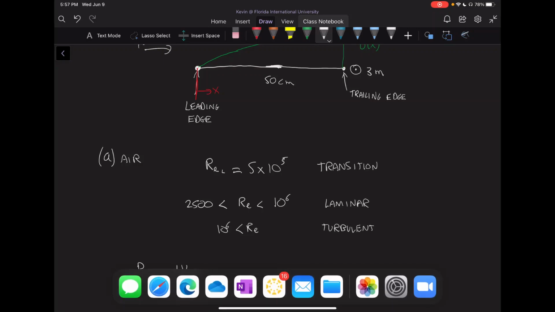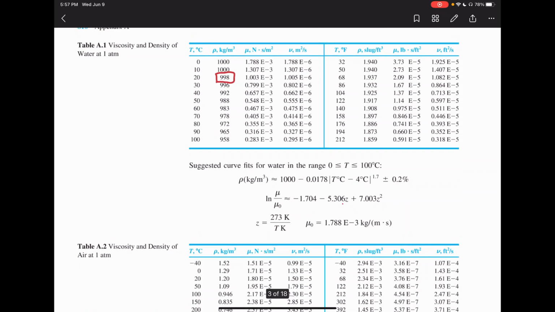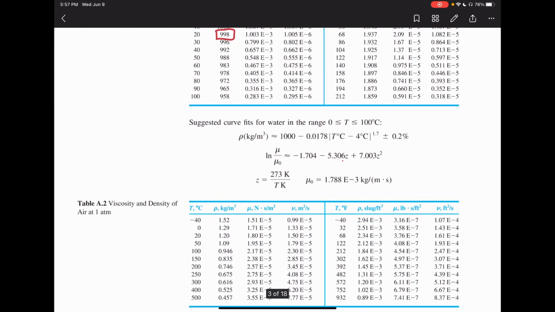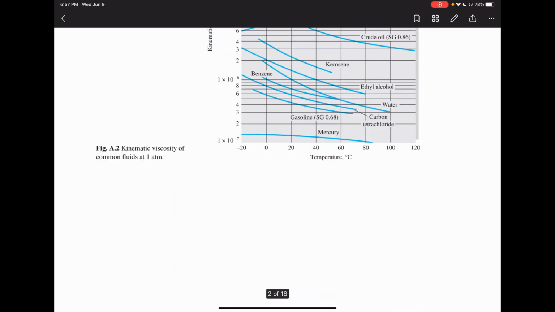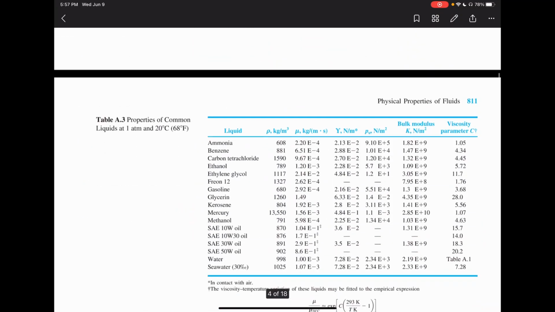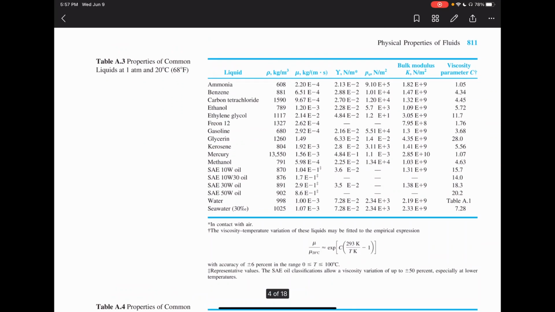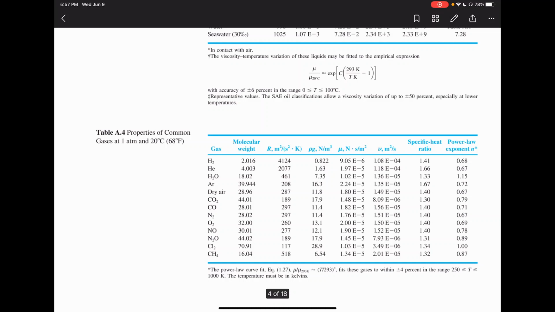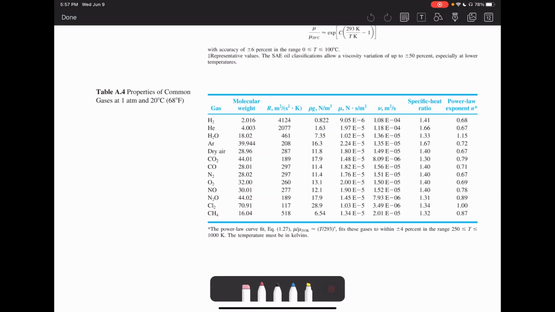So for our viscosity, we can go to our table and look for air at 1 atmosphere. And we know that the air is at 20 degrees, so we can use the values in table A4.